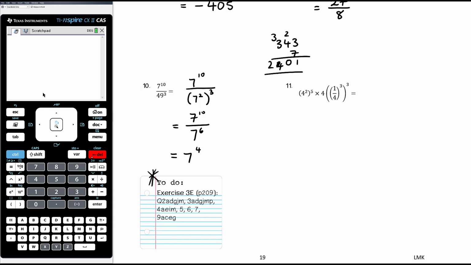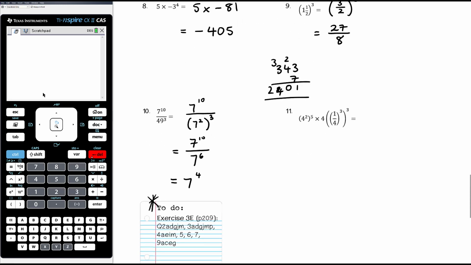So 2401. Again, you could work out that 7 times 300 is 2100, 7 times 40 is 280, and 7 times 3 is 21, and you could add those together, which is essentially what the long multiplication is doing. So this is 2401.